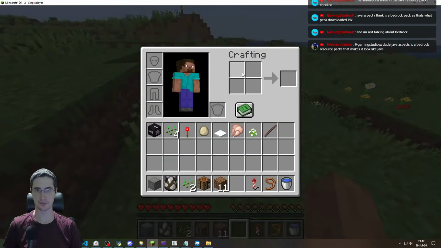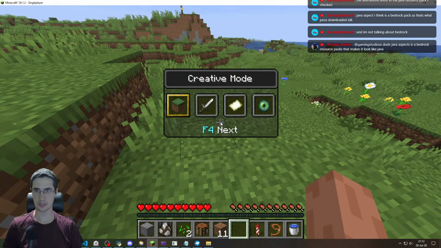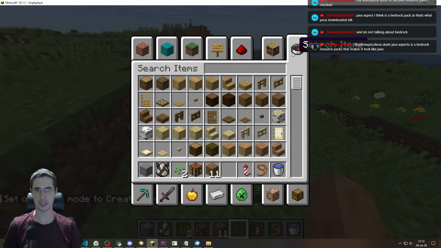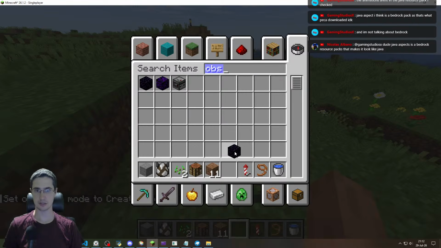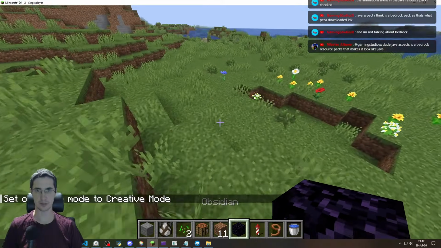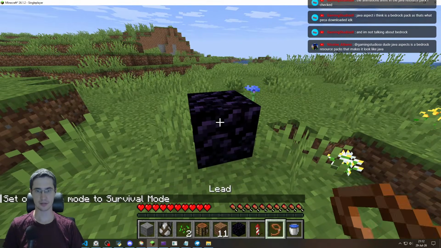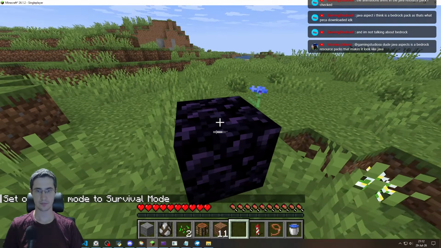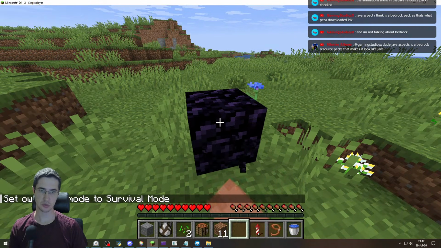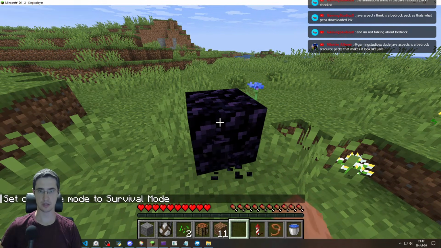Actually, let's spawn bedrock or obsidian here, just so we can play the animation for longer. Let's go in survival and let's attack. This is the animation we're trying to implement, chat.